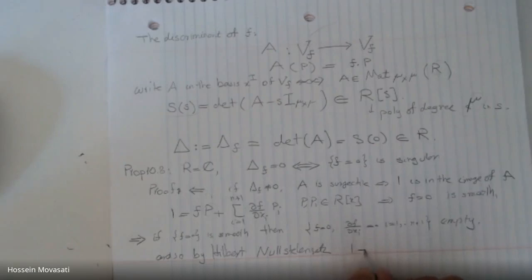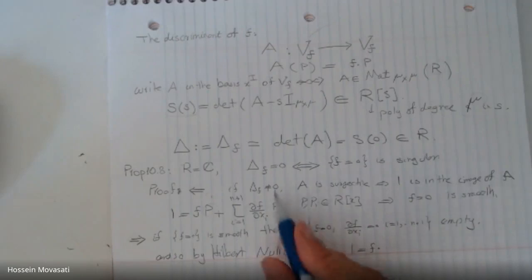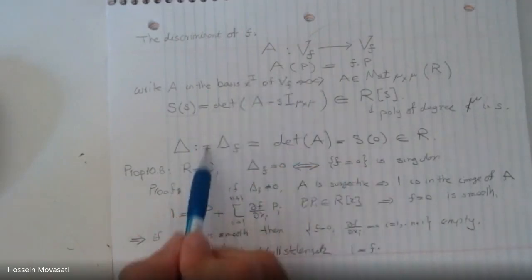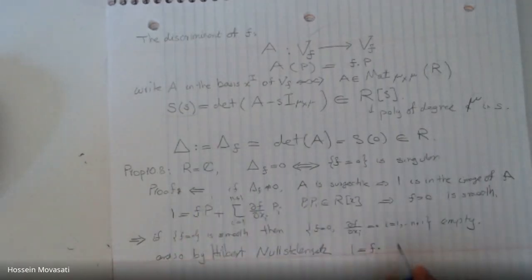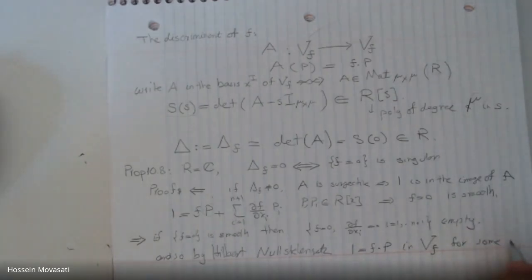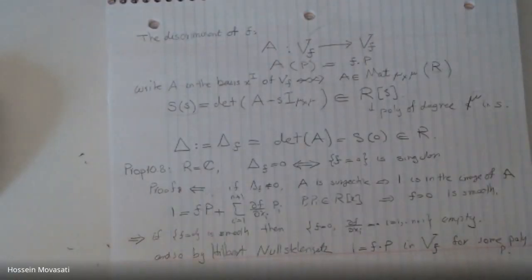So 1 equal to f times something, and when we write it in VF, it will mean that 1 equals f p for some polynomial p, and then we conclude that f is not equal to 0, because it means that it is invertible.